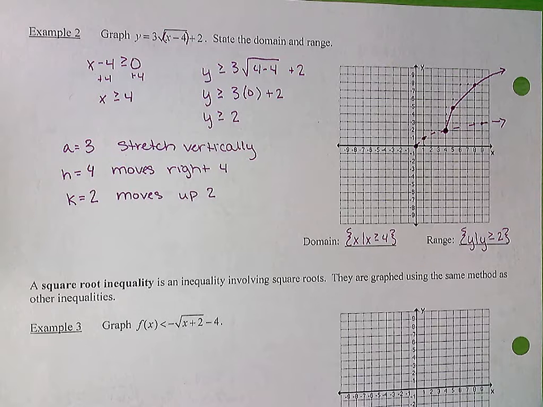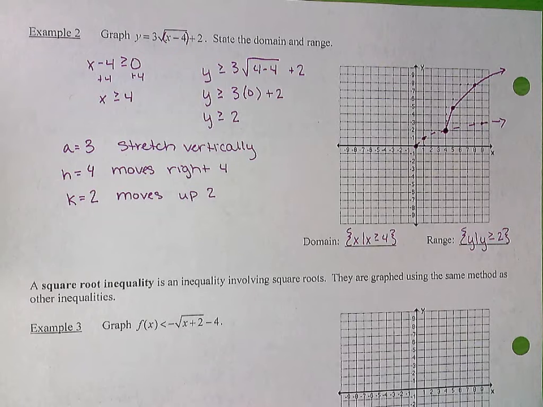When I have that A value out front, it's stretching it vertically. So instead of going up 1 each time, I'm going to go up 3. That's what I did here. Went up 3 and then right 1. Then up 3, right 3. Then up 3, right 5. So I'm just using that parent function to graph each of these points.